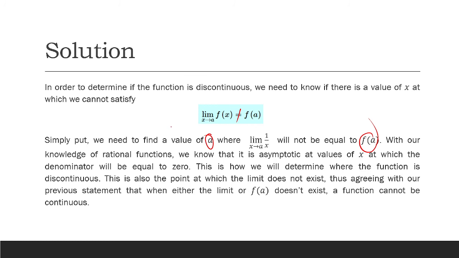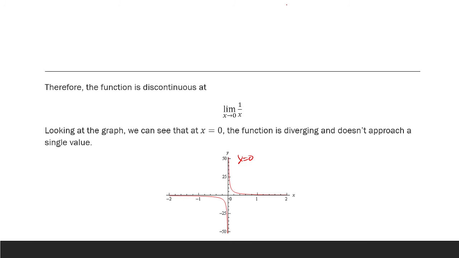Tapos, yun nga, given our knowledge with rational functions, di ba, asymptotic, may mga asymptotic tayo na curves, kumbaga. So, in this case, since it's 1 over x, then in any rational function, magkakaroon tayo ng asymptote at any values of x na gagawin niyang 0 yung denominator natin.